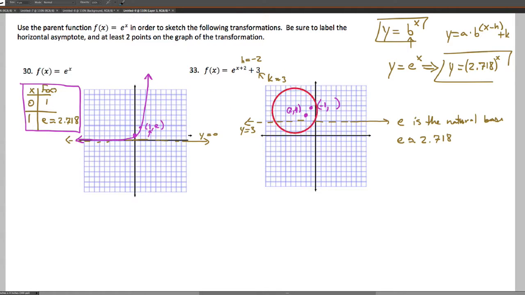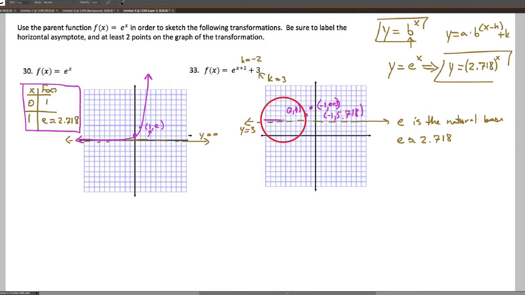And if we were to go up 3 from e, we'd be at e plus 3. And it is acceptable to write negative 1 comma 5.718. That's a 5, guys, because we're taking that initial 2.718 and adding 3 onto it.